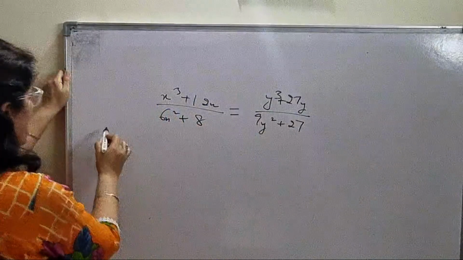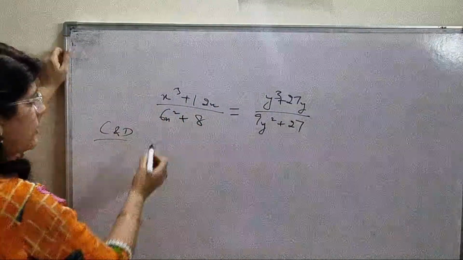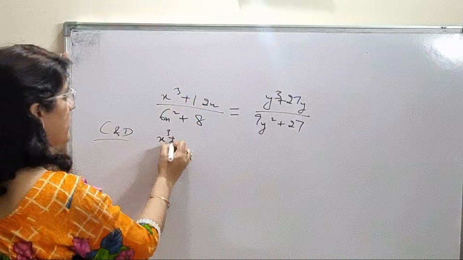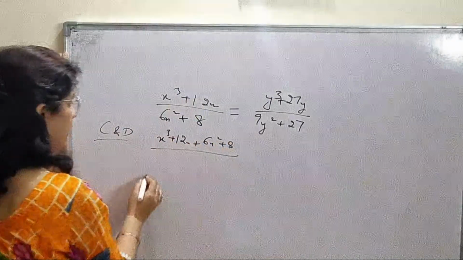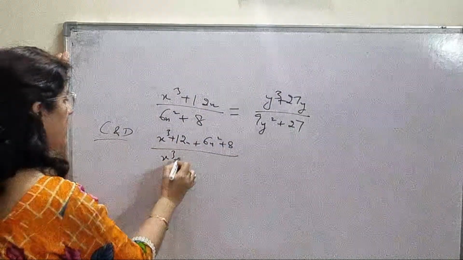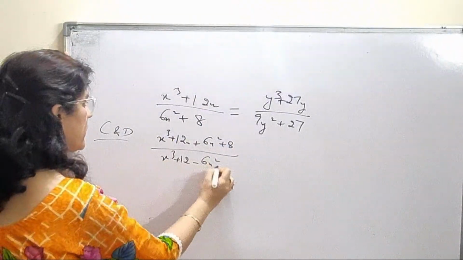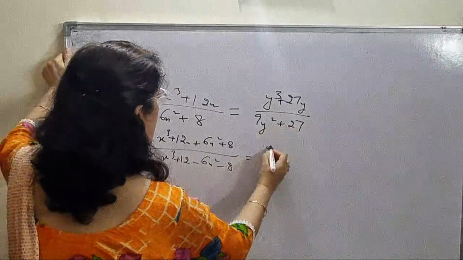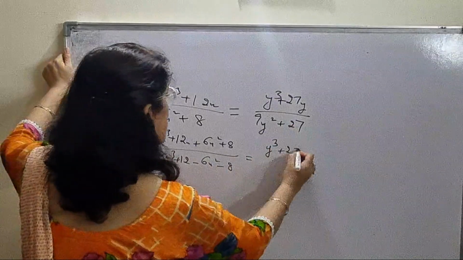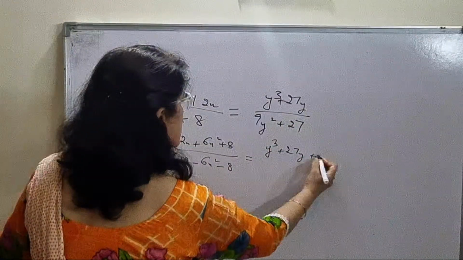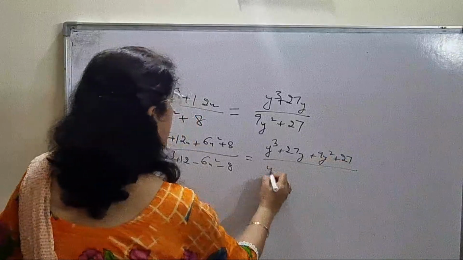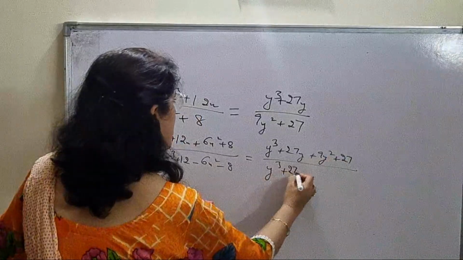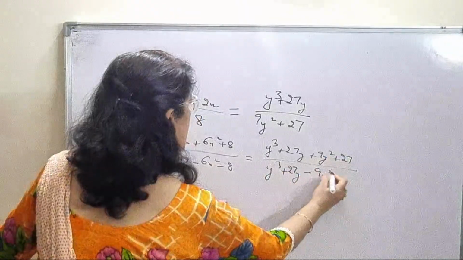So apply componendo dividendo: numerator plus denominator, and here numerator minus denominator. Similarly here also, numerator plus denominator, and y cube plus 27y minus 9y square plus 27, means numerator minus denominator.